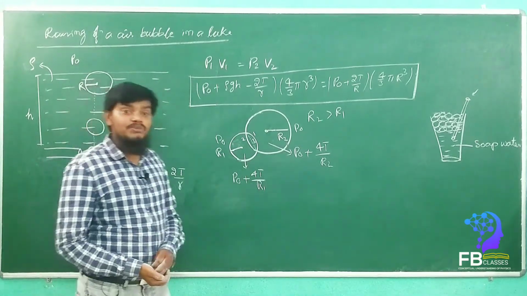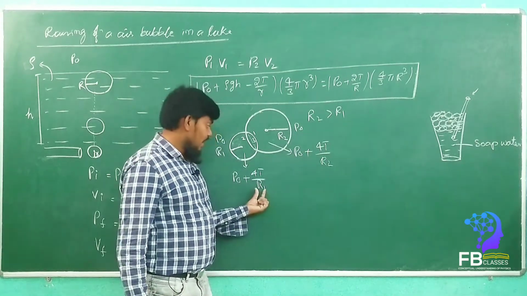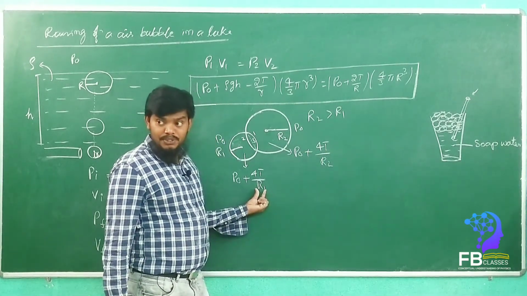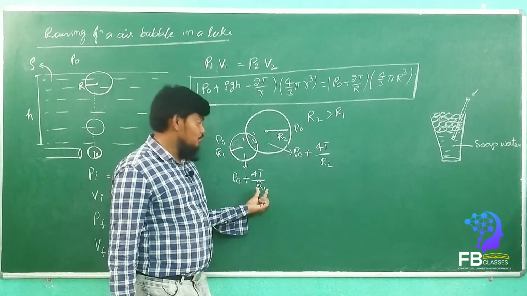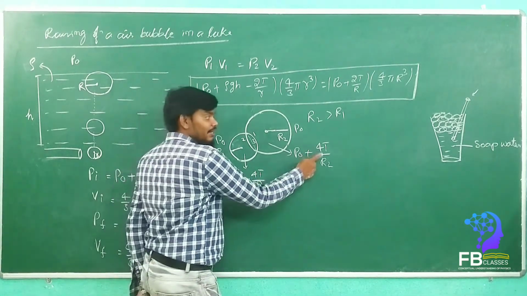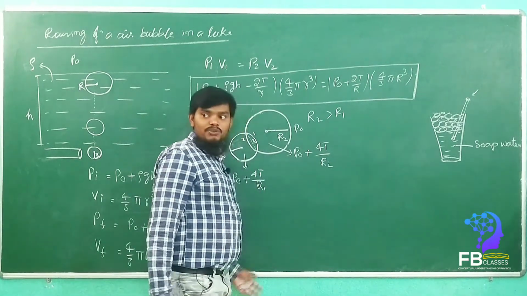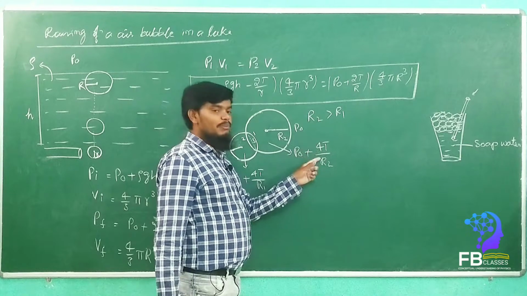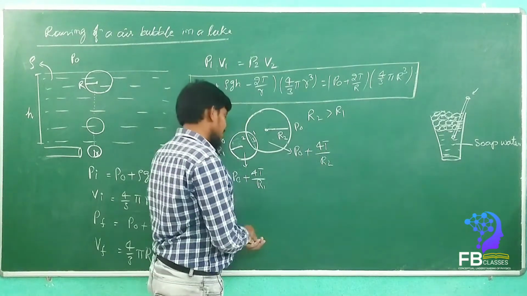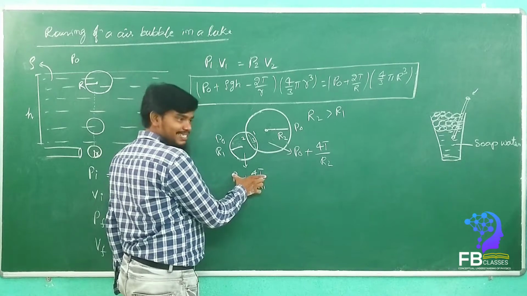Now if you carefully observe, R2 is greater than R1. R1 is a lesser value and it is in the denominator, so once we put the lesser value, the total value becomes big. Here the R2 value is more, so once we put the more value in the denominator, the total value becomes less. Yes or no? So this pressure is greater than this pressure.